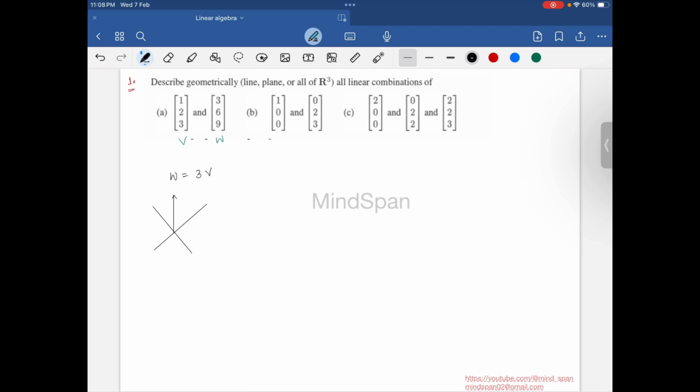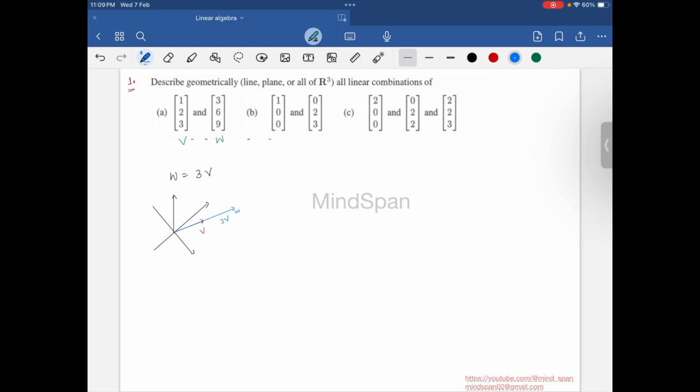This vector V will be somewhere here, and this vector W will be on the same line. So this will be vector W, and this is your vector V, and this vector W is nothing but 3 times V.